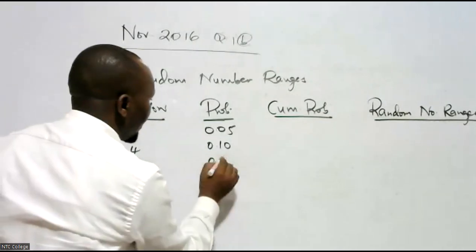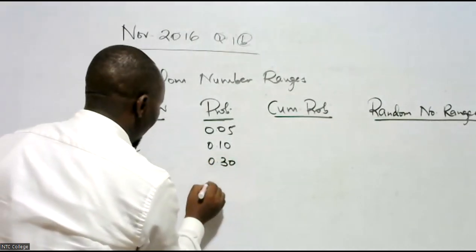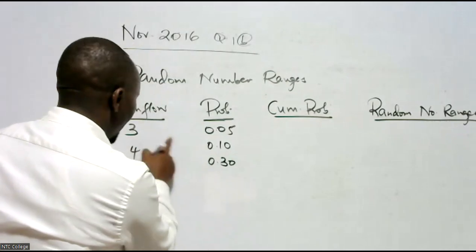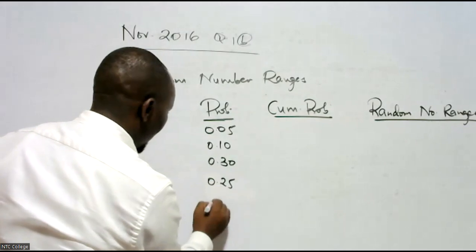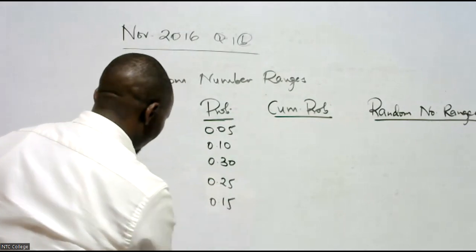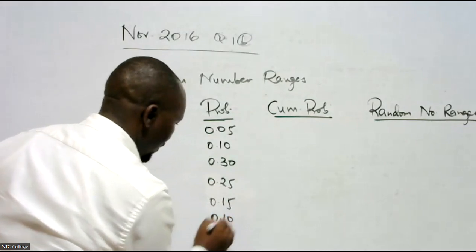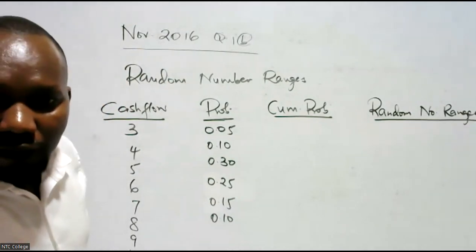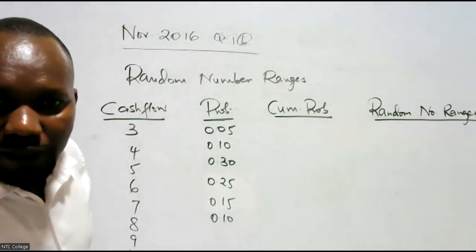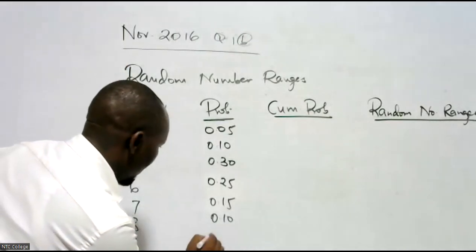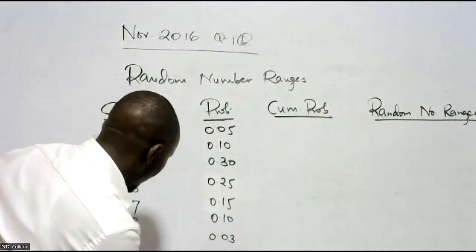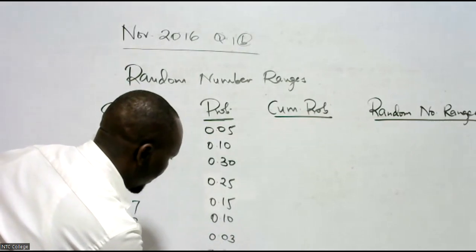So here 0.25, then 0.15, then 0.10. Then 0.03, then 0.02.